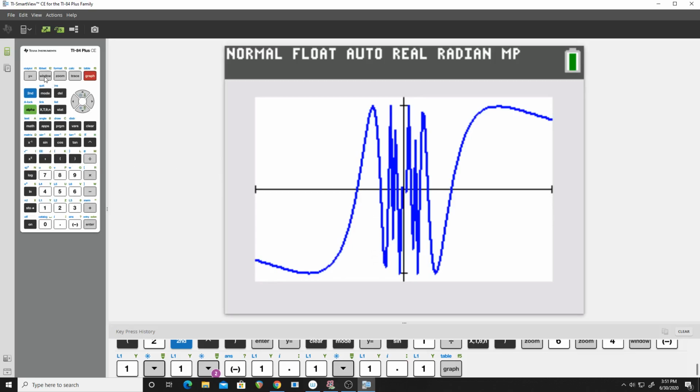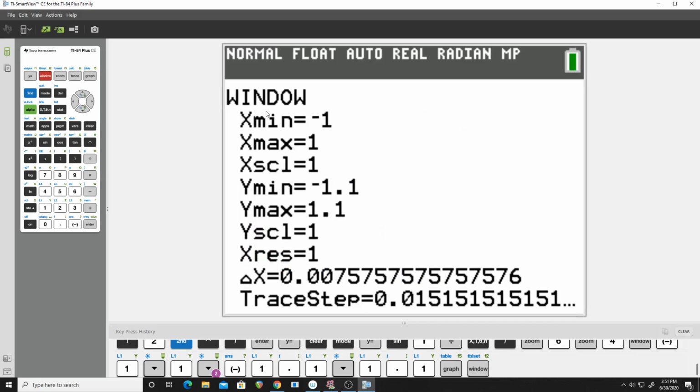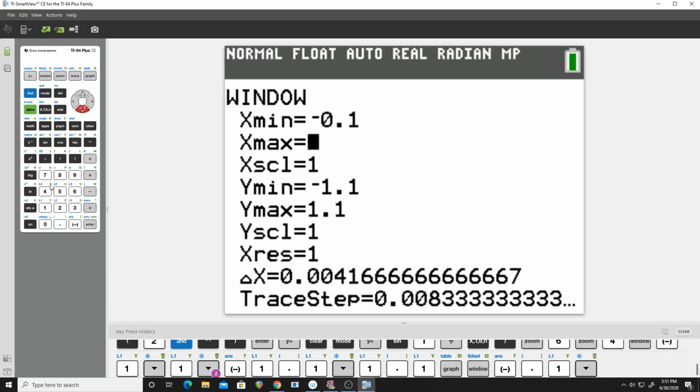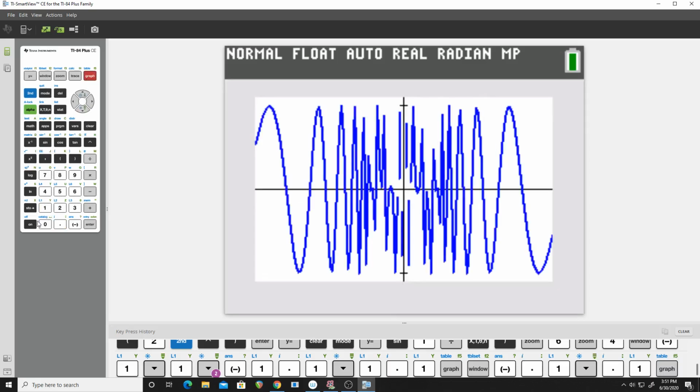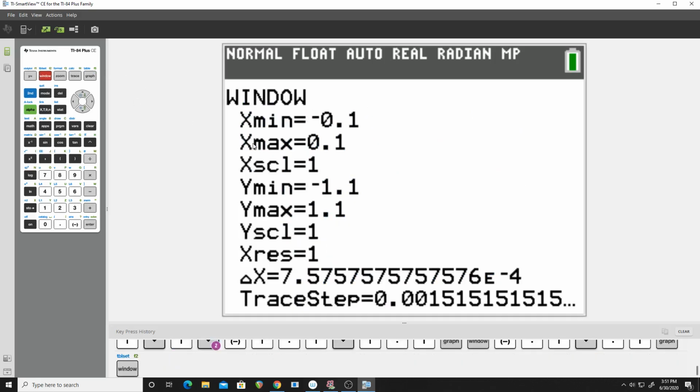Let's be meaner. Negative 0.1 to 0.1. Let's graph it. Look at all that. As I zoom in further, we're going to see more and more periods. This oscillating is never going to stop for the reasons that we've already outlined.